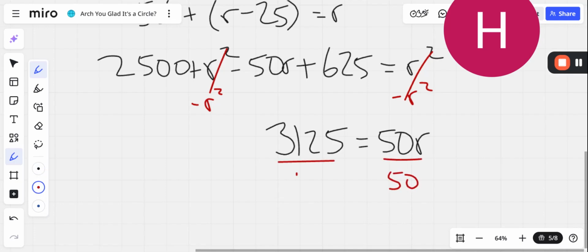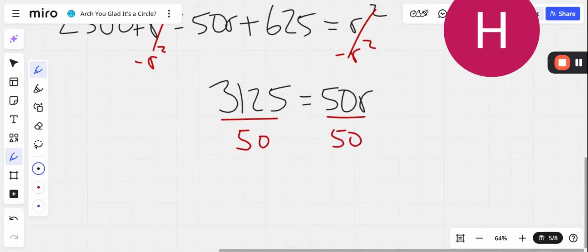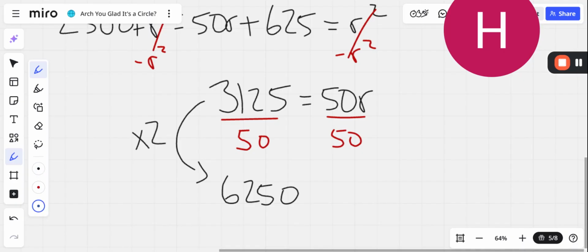And if you think you can't divide by 50, you're wrong. It's easy to divide by 50. Look, just multiply this by 2 instead. What does that give you? 6250, and then move the decimal twice. 62.5. Very easy to divide by 50 or divide by 5.